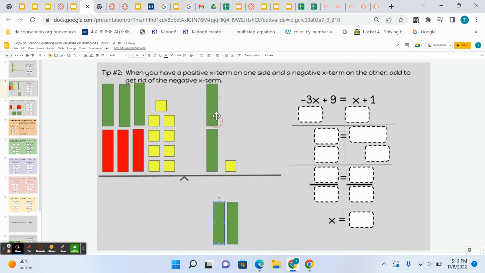I've got to keep it balanced. Okay, so I'm going to type in plus 3x, plus 3x.